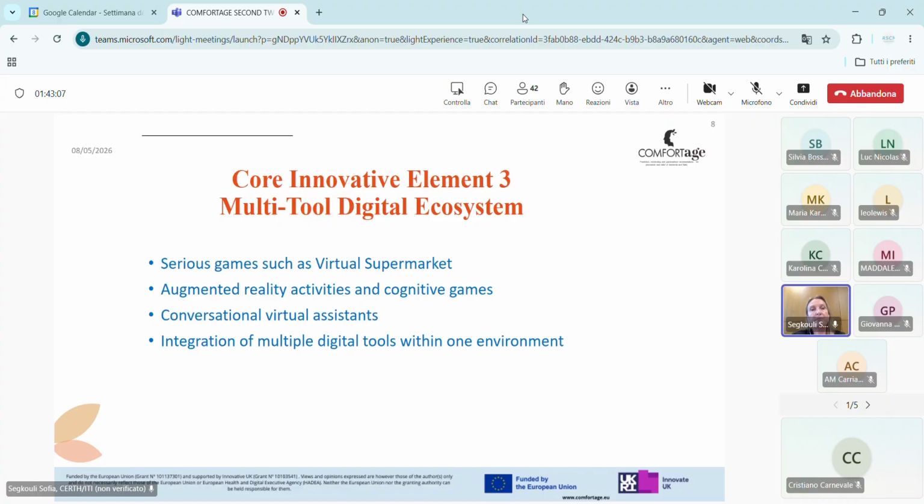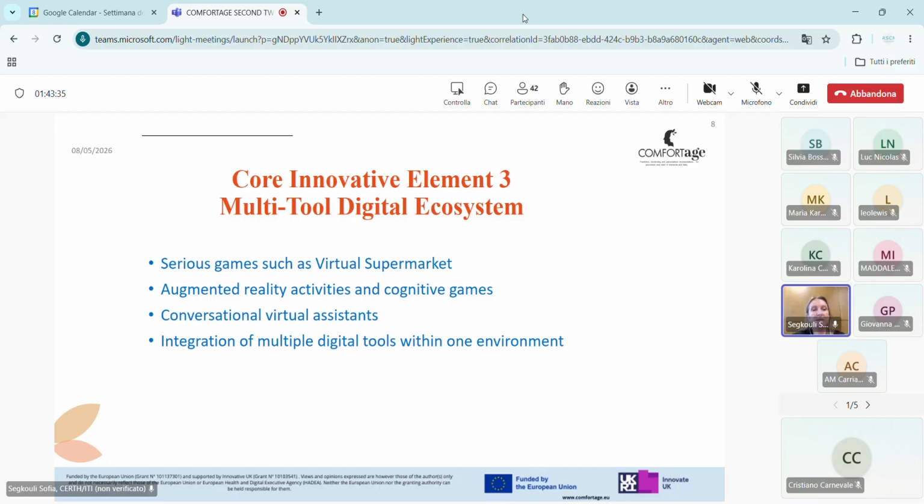So our pilot represents a multi-component intervention tool, digitally enabled, in an ecosystem that is very robust and is used in many contexts. This is the reason that it could be adaptable and sustainable and transferable.